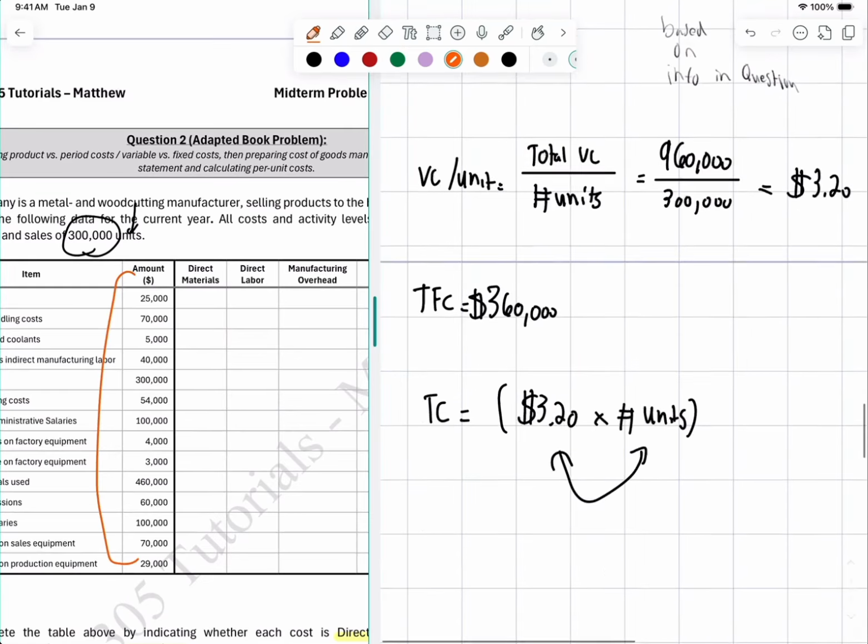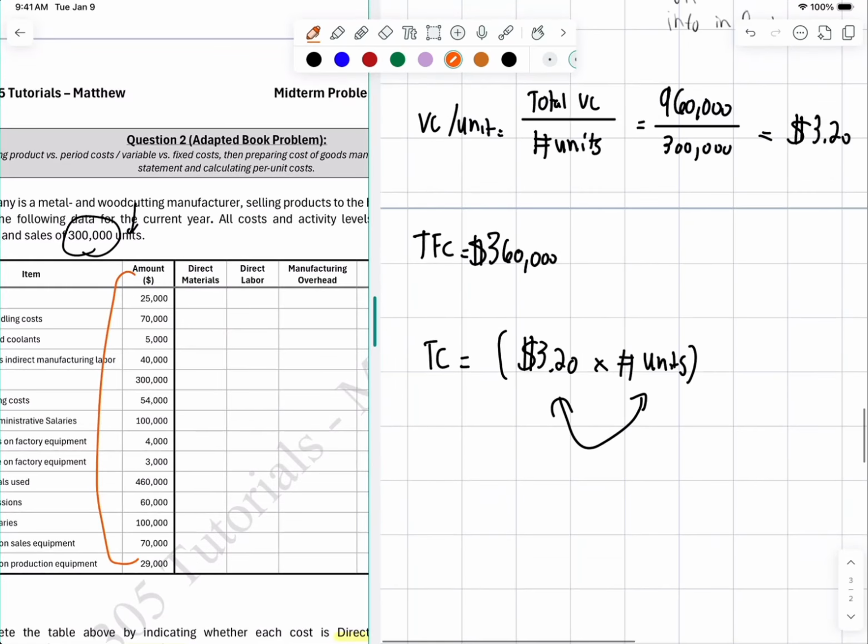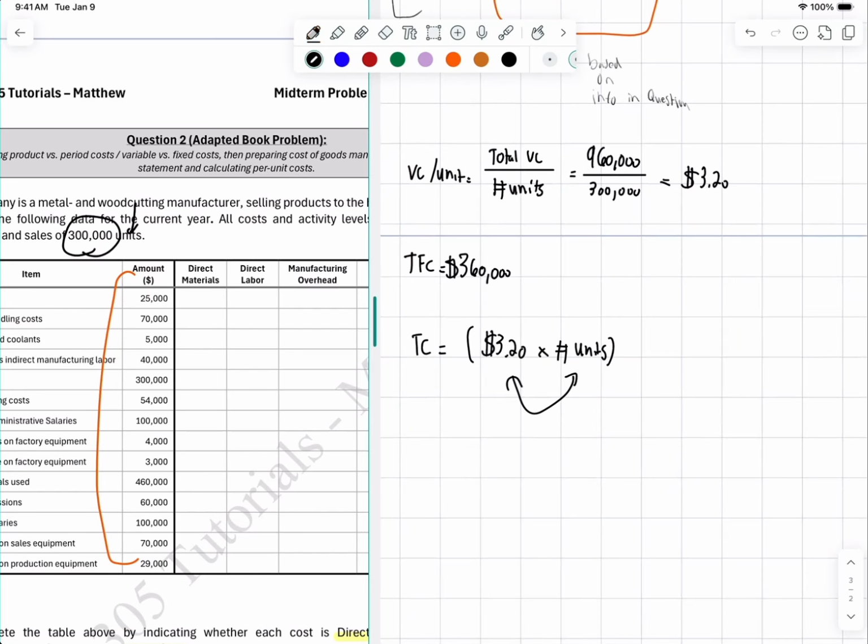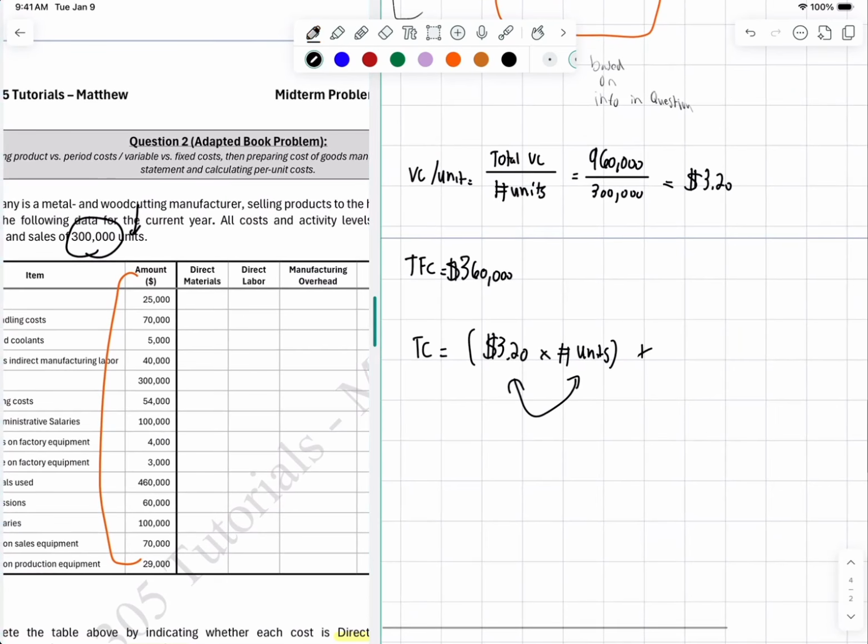Then guys, once we have this here, and let me go to my equation, let me show you how easy it is. Once we have the cost function that got them to 300,000, the cost function for this business is $3.20 per unit times the number of units. So if you took times 300,000, let's do that fast.